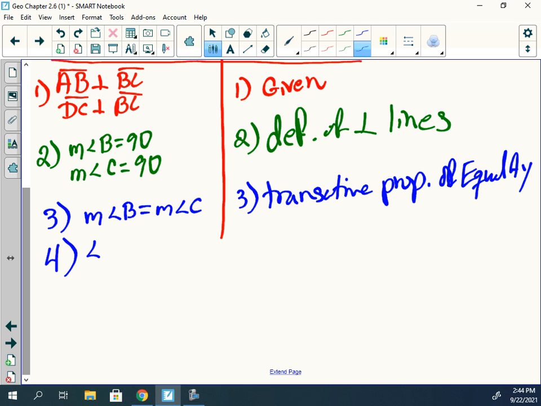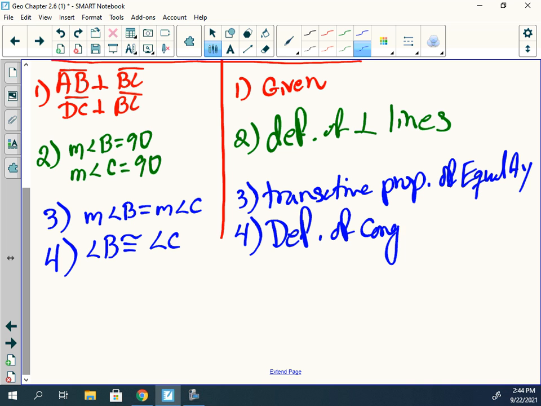And then we can really just say that angle B is congruent to angle C. Definition of congruent angles.